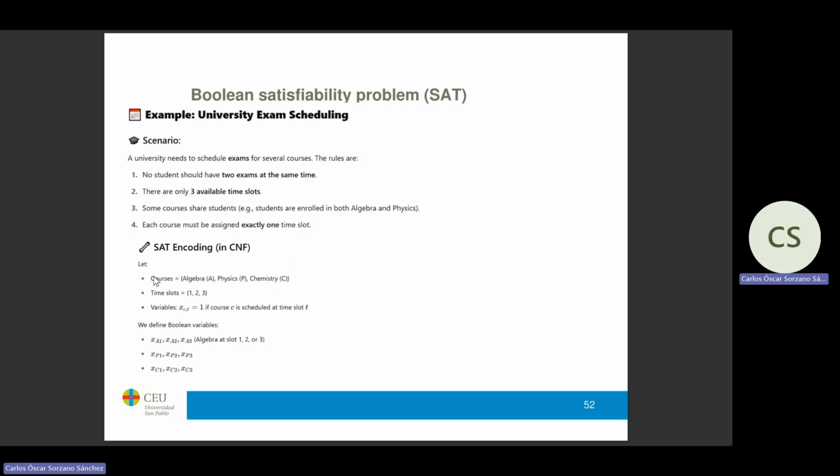So you can formulate it this way. You have the 3 courses, the 3 time slots, and then you have this variable that is 1 if course C is scheduled at time slot T. And then you define this variable, A1, 2 and 3, that is algebra in slot 1 or 2 or 3, same for physics, same for chemistry.